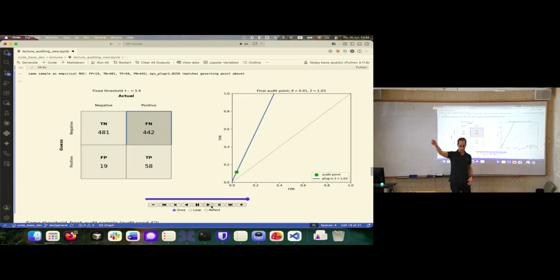It's a point on the ROC that maybe I don't know how to draw analytically, but at least I know it. Then I can compute this slope, and I have a lower bound, and I can trust that lower bound. There is no probabilistic aspect to the lower bound. This is math I'm doing, not statistics.